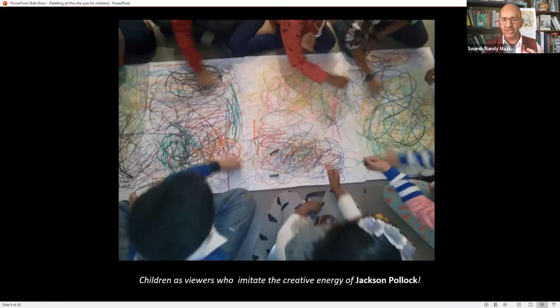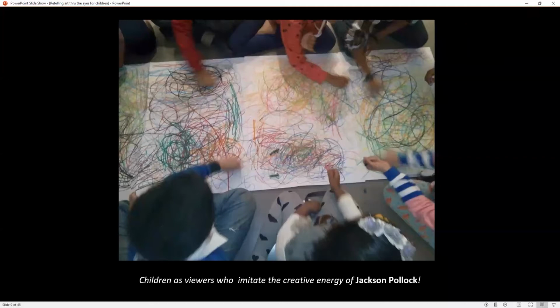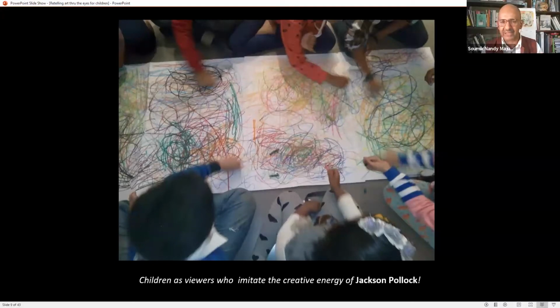So I thought they would probably be quite shocked to see Jackson Pollock, but on the contrary, they were extremely happy to see a painting where there is not a single element which they could recognize or identify. It was as if they immediately knew that this was a painting where identifying or recognizing anything is not what would matter.